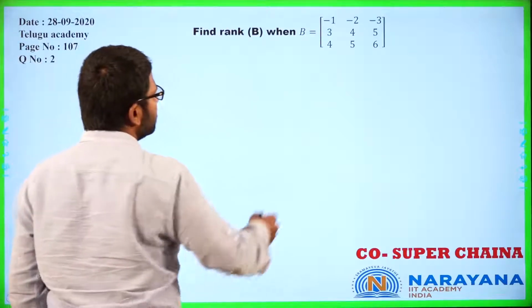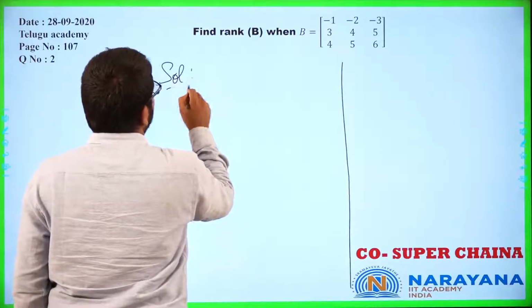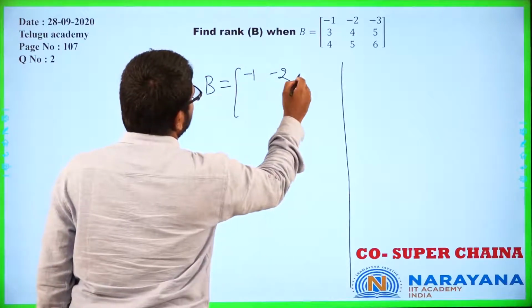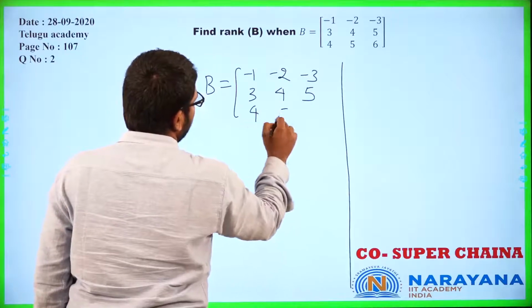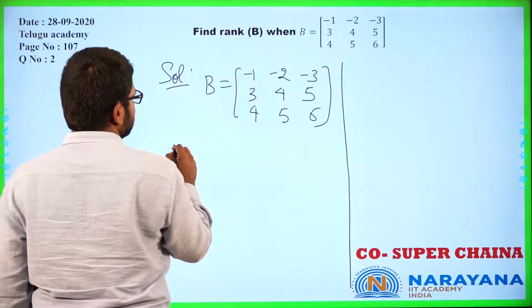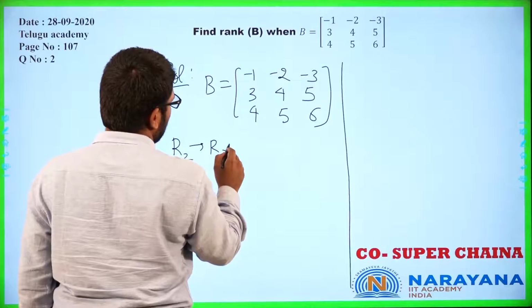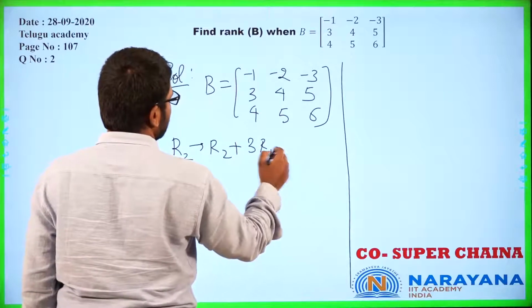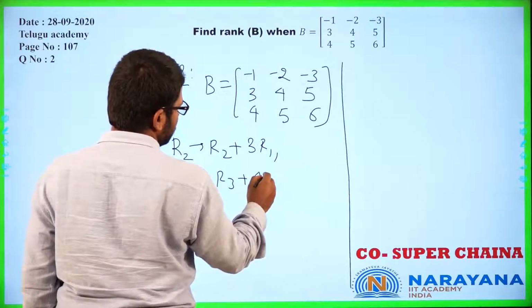Find rank of B. B is minus 1, minus 2, minus 3, 3, 4, 5, 4, 5 and 6, right? Now, R2 goes to R2 plus 3R1 and R3 goes to R3 plus 4R1.